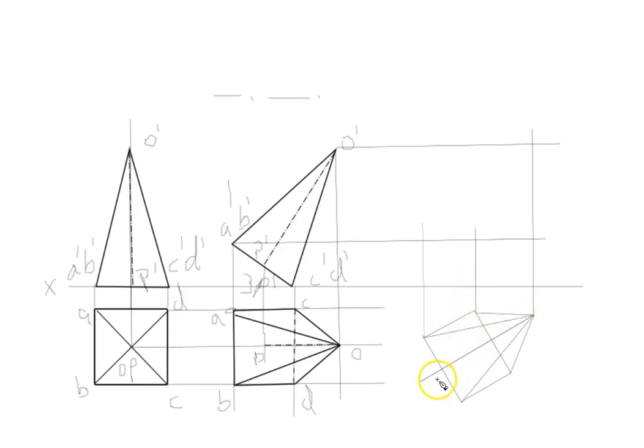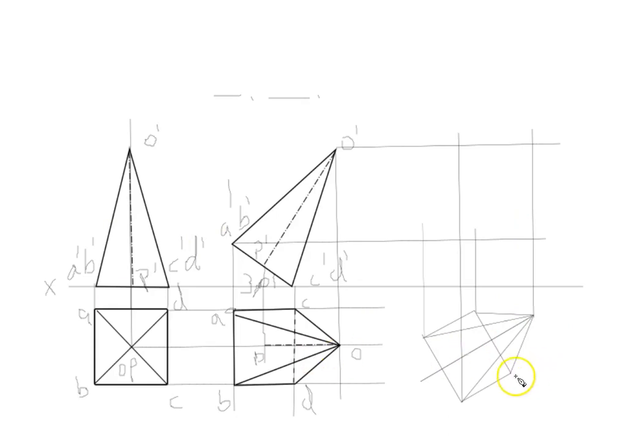Now the next thing is, as we did before, we simply project the lines or projectors from different corners. For example, we will have to draw the projectors here as well, and then the next thing is to see where the corresponding points meet.